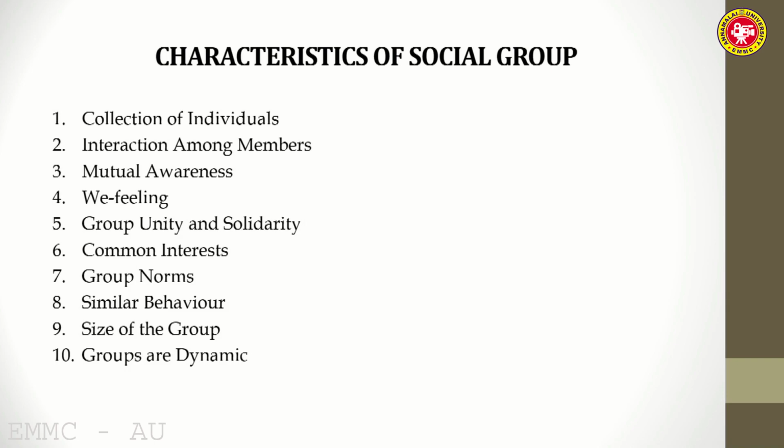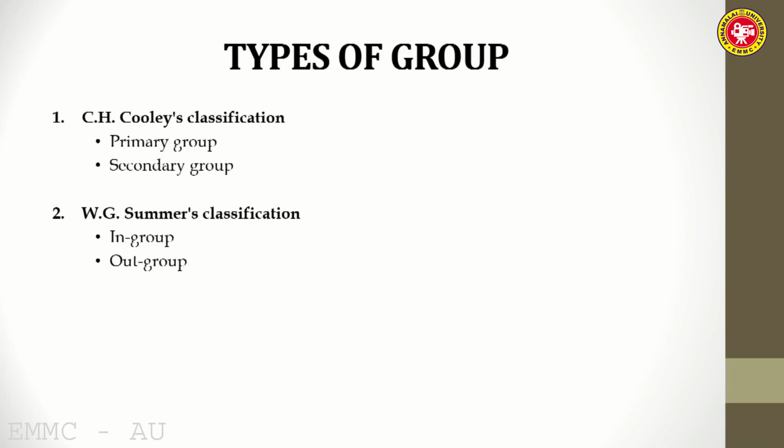The characteristics of social groups consist of different areas. One is collection of individuals, interactions among members, mutual awareness, we feeling, group unity and solidarity, common interests, group norms, similar behavior, size of the group and dynamic. These are important characteristics of social group.